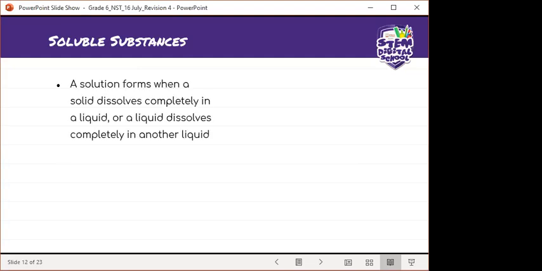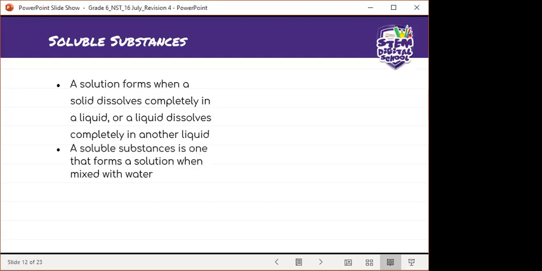So a solution forms when a solid dissolves completely in a liquid, or a liquid dissolves completely in another liquid, like the previous example I gave you about the juice concentrate as well as the water.